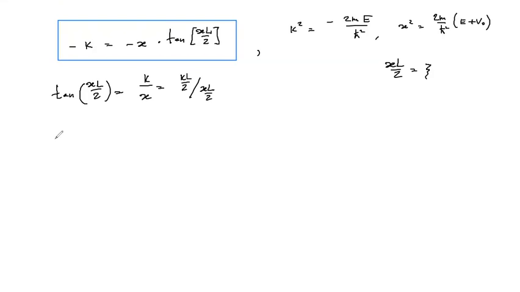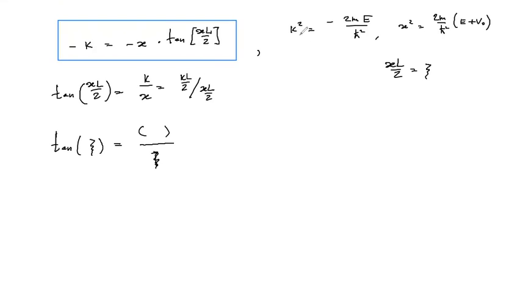So my goal is to write something like this: tangent of its argument, which I call Xi, would be equal to some numerator over Xi. And then I'm going to write down the numerator and try to solve this equation somehow.